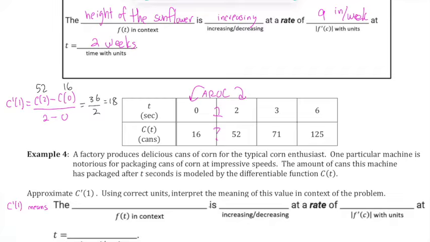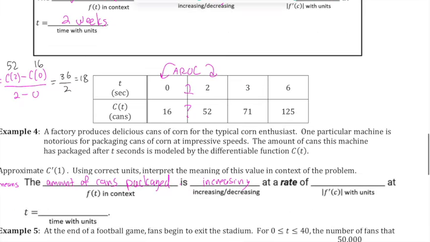So again, what does that mean? So let's write it out. It says C prime of 1 means that what's happening, it's the amount of cans packaged. Is it increasing or decreasing? Well, it is 18, so that is increasing. What's the rate?